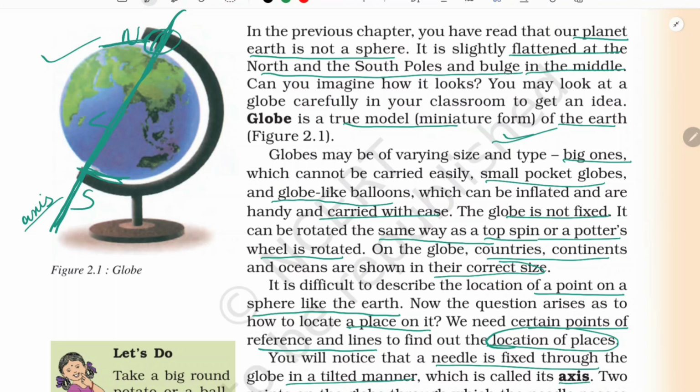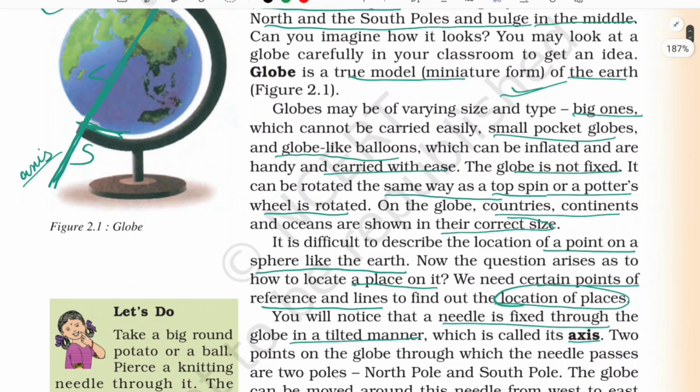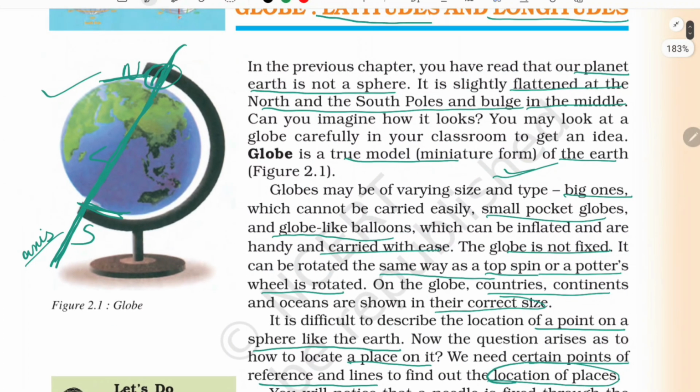So the 2 points on the globe through which the needle passes are the 2 poles, the north pole and the south pole. Let me do it more precisely.